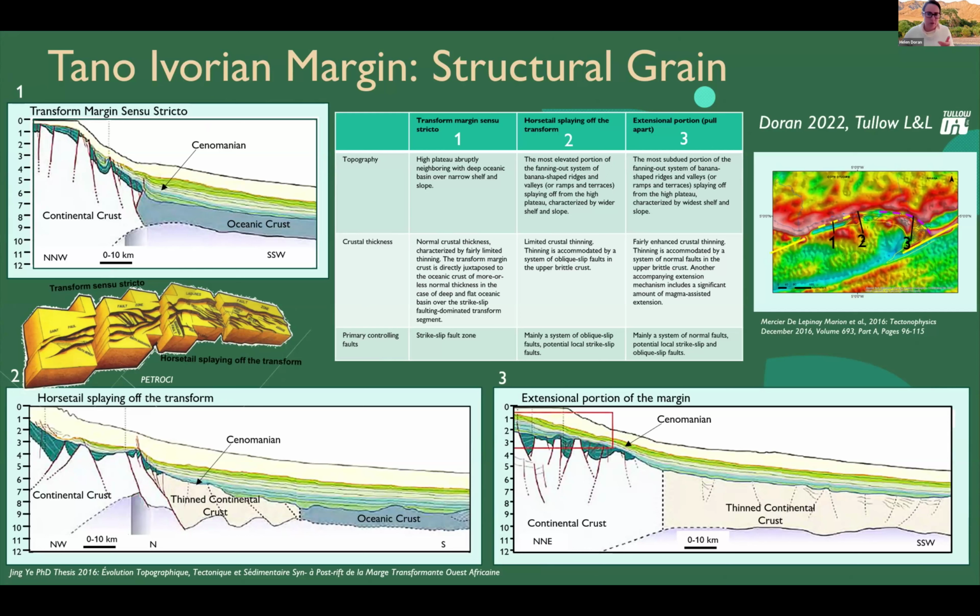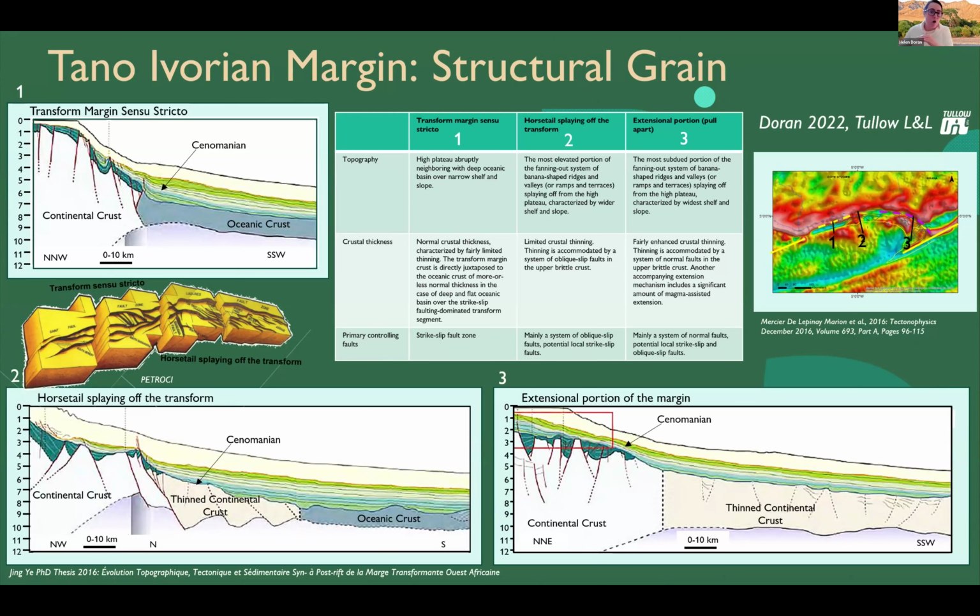So the displacements occurred almost entirely with those strike-slip motions. And as a result, the crust here, and you can see that in the seismic line, remains relatively thick and buoyant throughout its history. And this thick normal crust is juxtaposed directly against oceanic crust, and you create that sharp boundary. And this is a very textbook example of a transform margin sensu stricto.